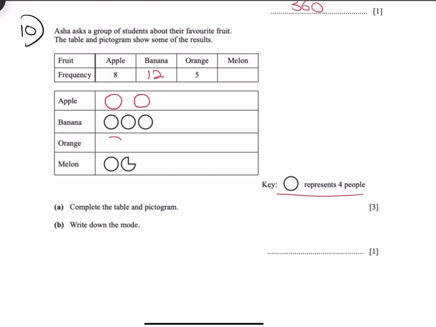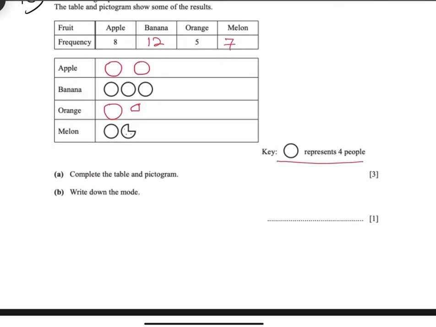Oranges would be 4 and 1 quarter like this, okay? And melons, 4 plus 3 quarters, which is 3, so that's a 7. And complete the pictogram. We already did that. And write down the mode, and the mode is the banana.